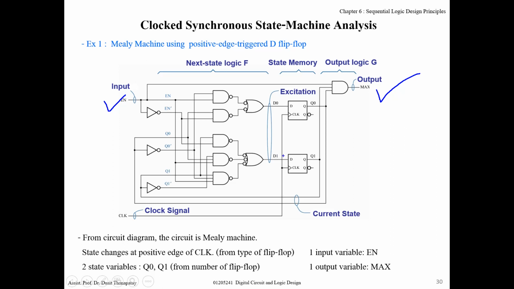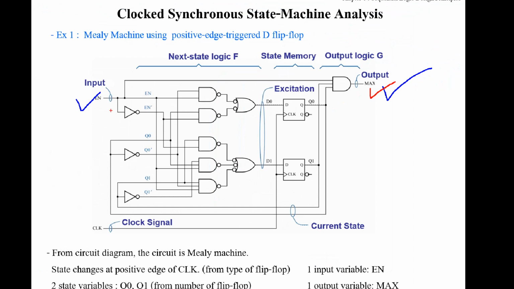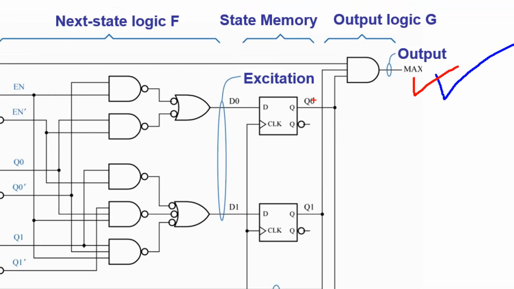But for a state machine, you have more variables: not only output and input variables, but also the state variable, or output of the flip-flop.